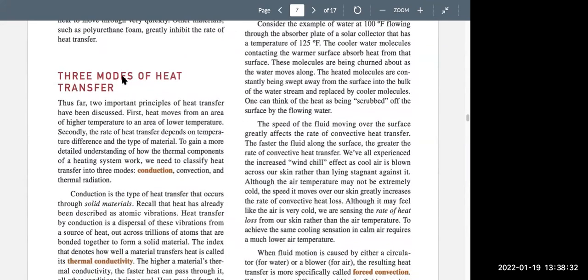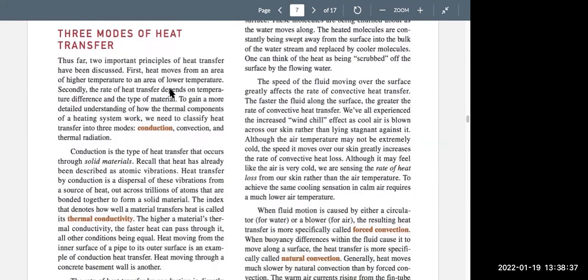So we have 3 modes of heat transfer that we want to pay attention to. We want to pay attention to conduction, convection, and thermal radiation. So conduction is the type of heat transfer that occurs through solid materials. So metal objects can go through conduction, or we feel the heat in a solid material.